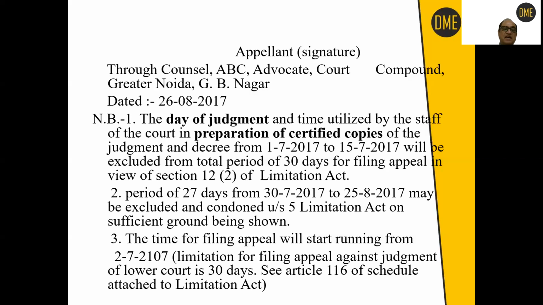So these are the notes in the end so that you may see that your drafting of an application under section 5 of Limitation Act is properly done and it is liable to be accepted before the court.